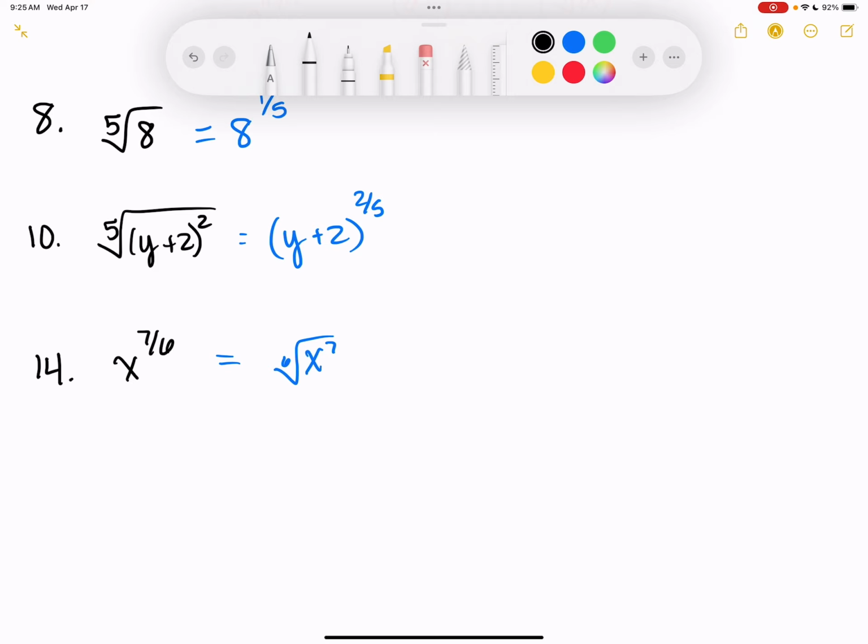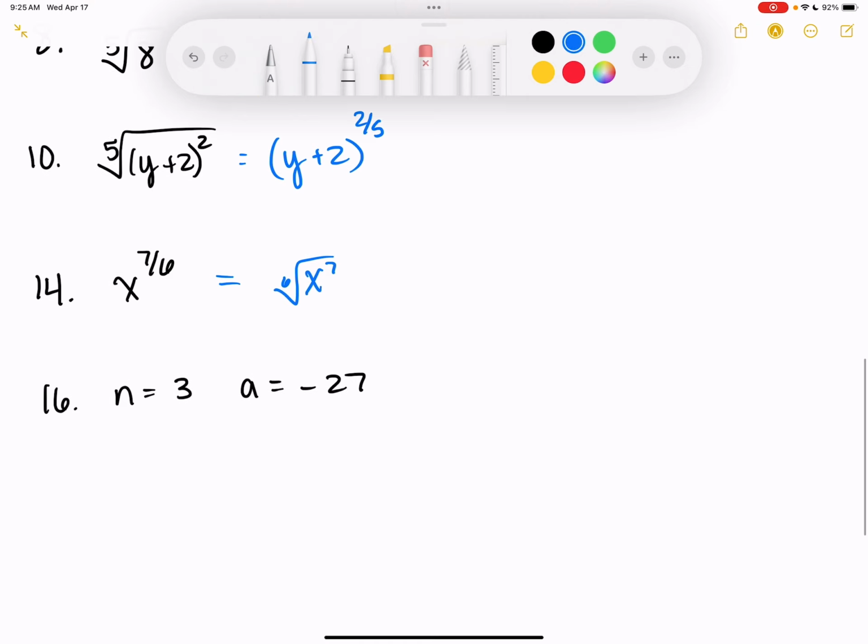So 16, they tell us that n is equal to 3 and a is equal to negative 27. And I'm trying to find the real nth root of that number. So a is what's going to go under the radical, and n is the root that I'm taking. So this is going to be the cube root of negative 27.